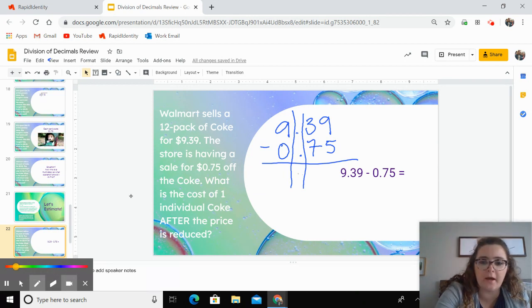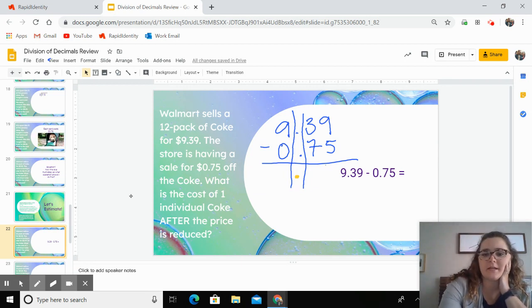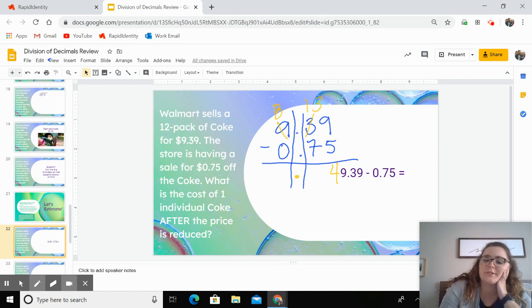Now that they're all lined up, I can start subtracting. 9 minus 5 gives me 4. I have to take away from my whole here. 13 minus 7 gives me 6. And so I'm left with $8.64.